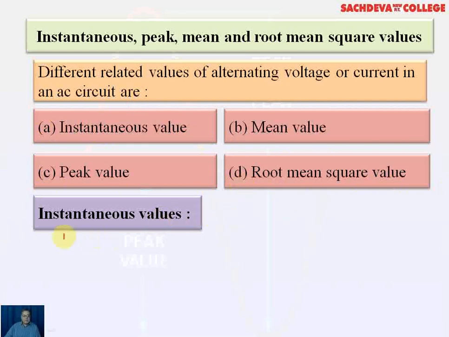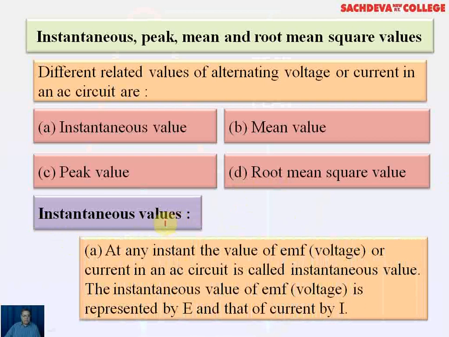What exactly is an instantaneous value? Instantaneous value means the value at a specific instant of time. At any instant, the value of EMF, voltage, or current in an AC circuit is called the instantaneous value.